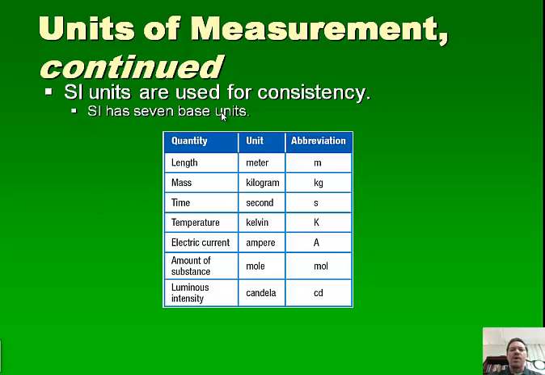So I think that's why volume is not included on this list, but a lot of times we're going to include it as well. So volume is liters. We can just add that to our list really quick, and the unit is L.